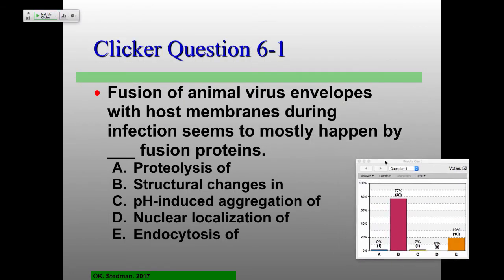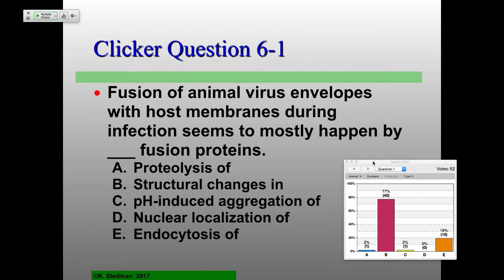No 100% this time. But yes, it is definitely the structural changes that are happening. And that was sort of the point of all of these movies, with all of the structural changes happening in these. You can get the production of some of these fusion peptides due to proteolysis.